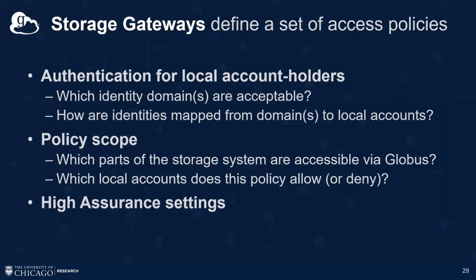But remember, you can have multiple storage gateways on the same endpoint, so that's not a problem. Multi-factor authorization requirements, again, that can be changed down the line, but a lot of high assurance deployments want also MFA.